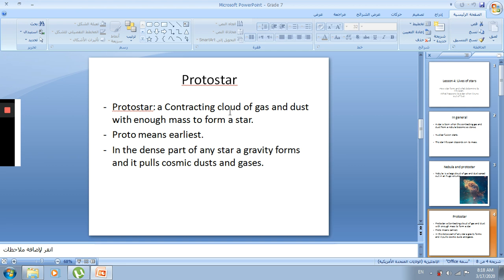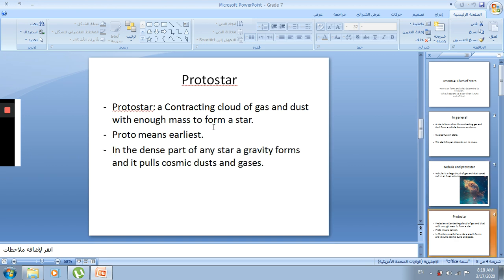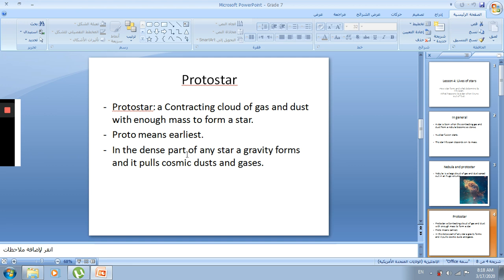It's very close to a nebula. They have approximately the same definition. Proto means earliest, so a protostar means the earliest star. In the dense part of any star, meaning the center, a gravity forms and pulls cosmic dust and gases.